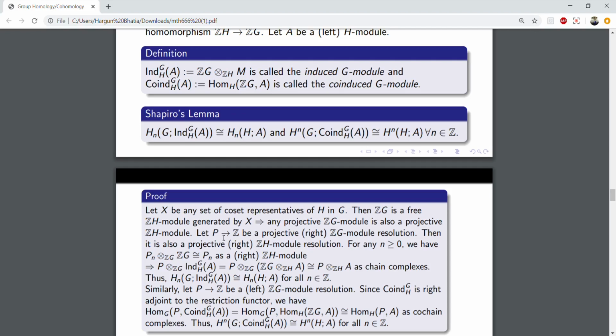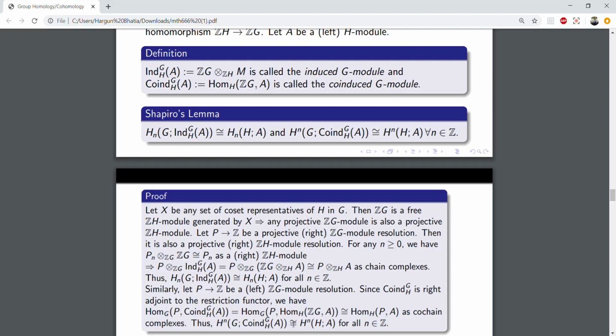Now, with this, how will you compute this homology? You will take this projective resolution P as ZG modules and take the tensor with the induced module, P tensor over ZG of ZG tensor over ZH of A. Now by the property of tensor product, P tensor over ZG of ZG is isomorphic to P as a ZH module.